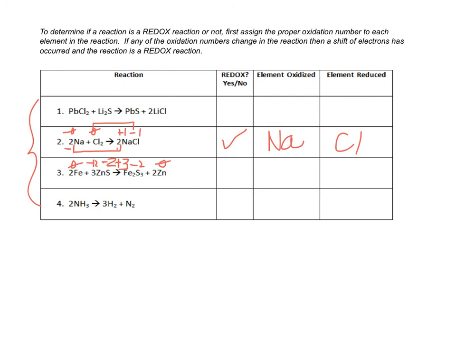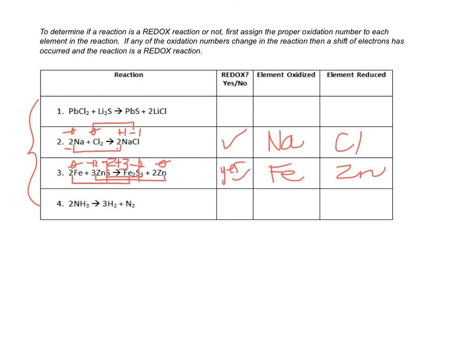Then you have to look from the left to the right. Iron was 0, it went up to +3, so that was oxidized. Zinc was +2, and it went down to 0, so it was reduced. Sulfur remained the same, so it did not change. So yes, this is also a redox reaction, and in Unit 10, we would have called it a single replacement reaction.